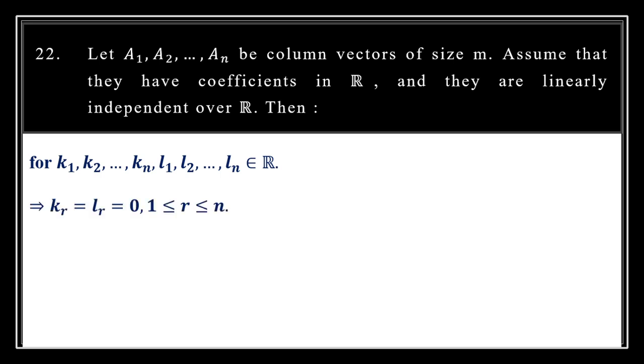This implies we get the combination of a1 to an equal to 0, where all the coefficients ki are real numbers, so we get kr equal to 0. Similarly, for the linear combination of a1 to an with all coefficients l1 to ln as real numbers, we get lr equal to 0.